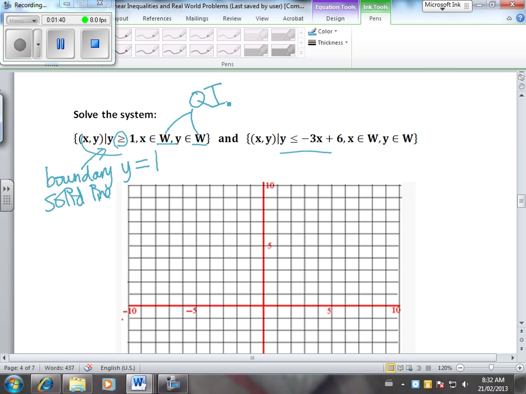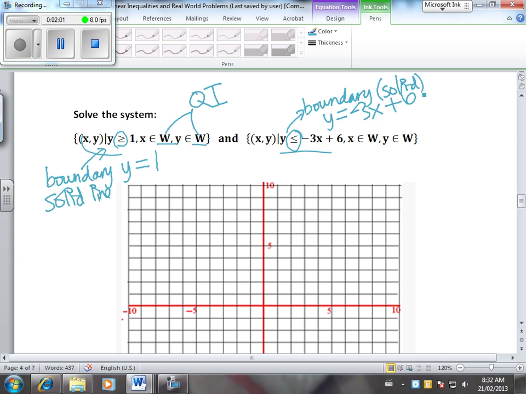And then over here, we know that our boundary is y equals negative 3x plus 6. Again, the sign tells us that this is a solid line.